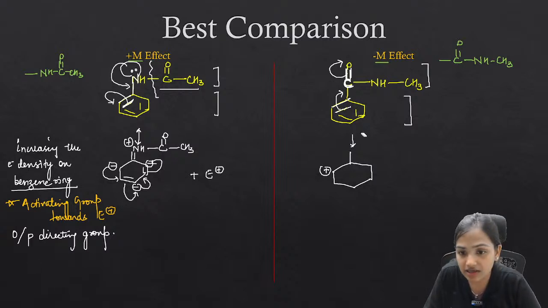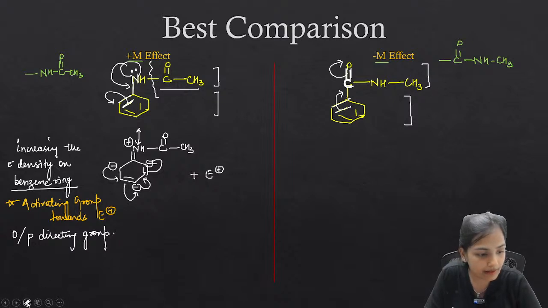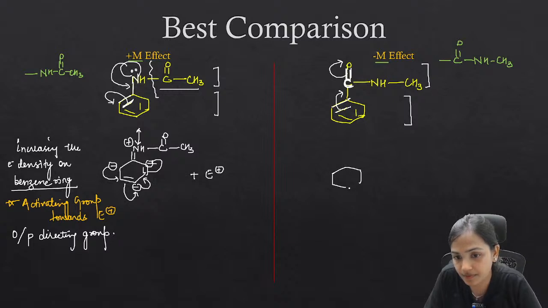Let me write it again for you. Here these two bonds will remain the same, this will become positive, and between this carbon and this bond we will get a double bond, and this will become O negative.